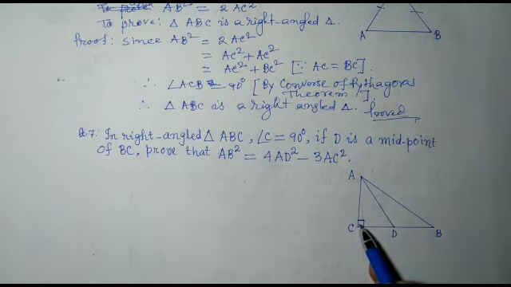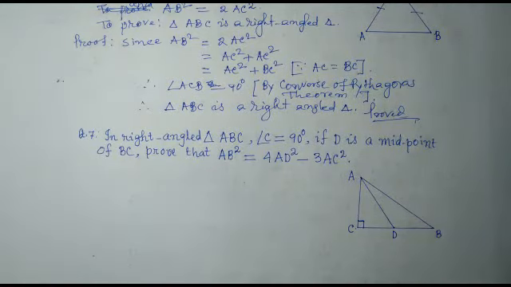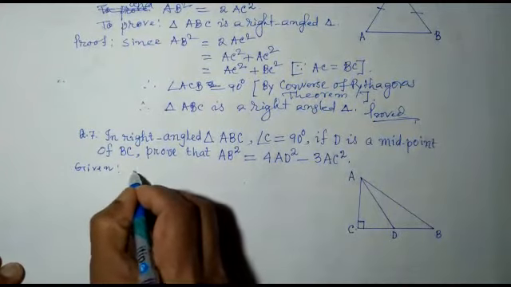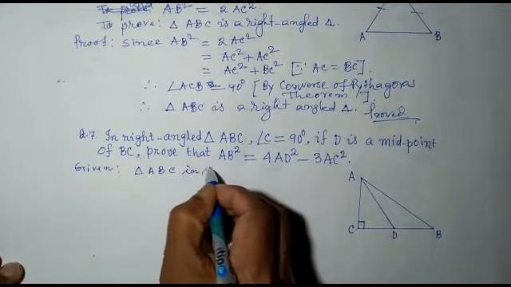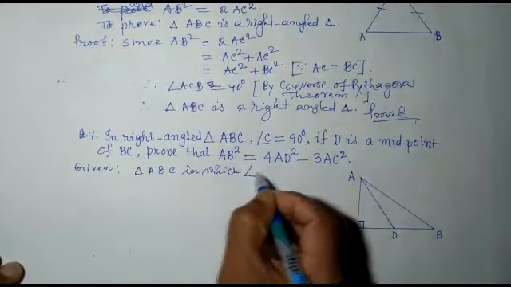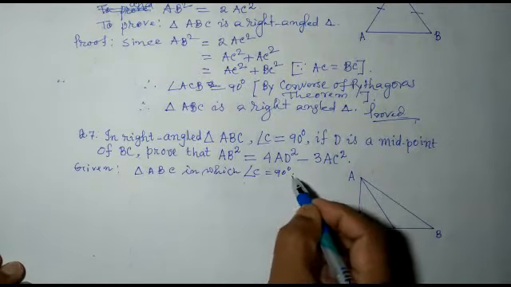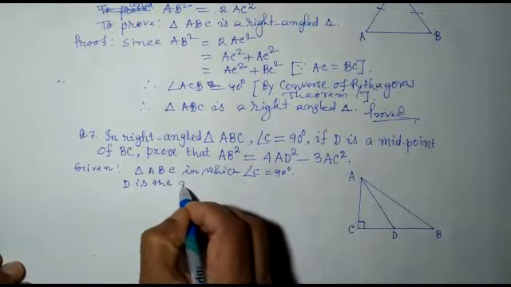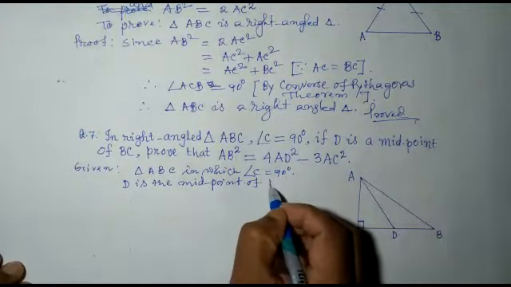So how can we do this sum? We can write here, given: right angle triangle ABC, in which angle C is equal to 90 degrees, and D is the midpoint of BC.